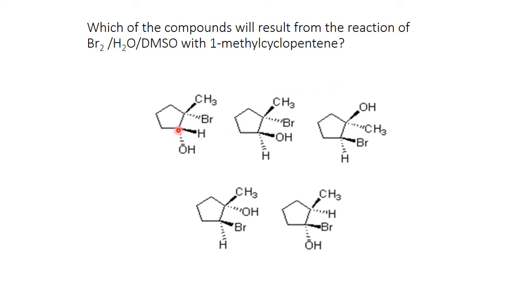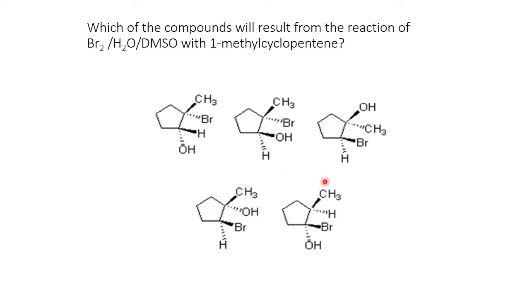And if I look, the bromine is on the more substituted carbon, so that is not Markovnikov for the alcohol. This is not Markovnikov for the alcohol. But notice the hydroxyl group is on the carbon with the methyl group, so it's Markovnikov for the alcohol group here, and here. So these two are possibilities.